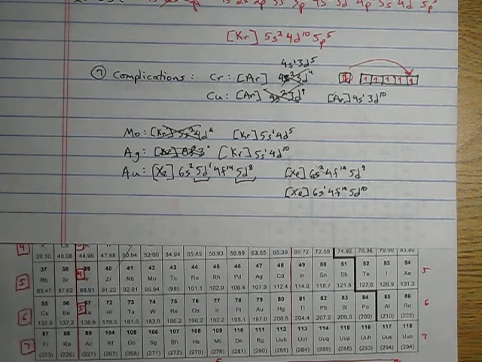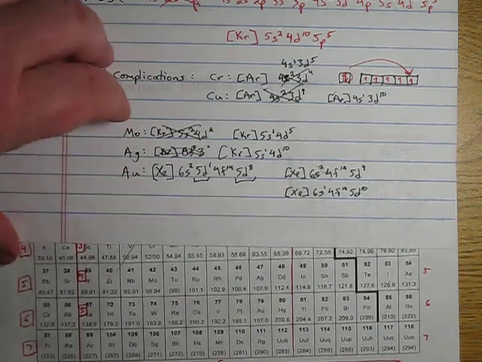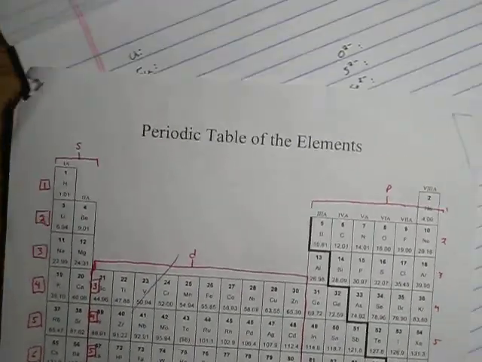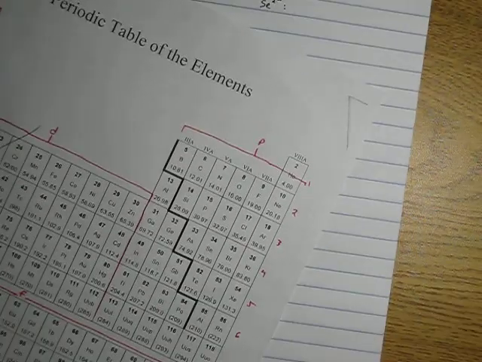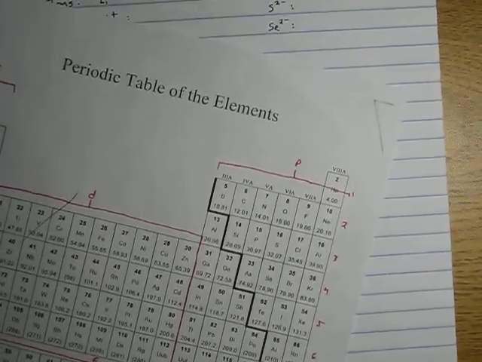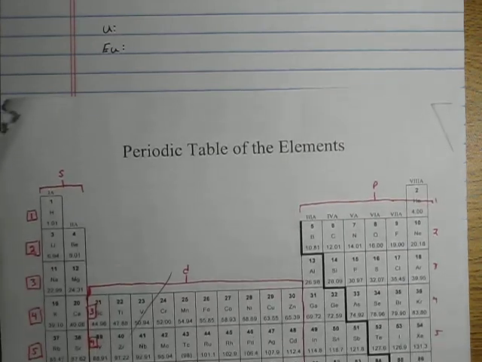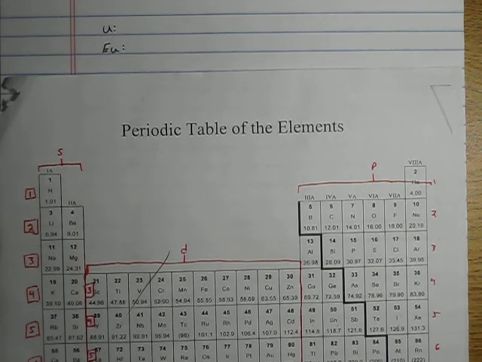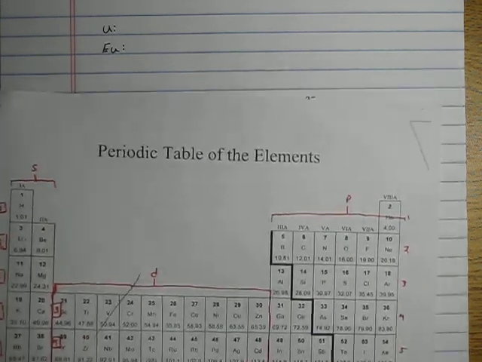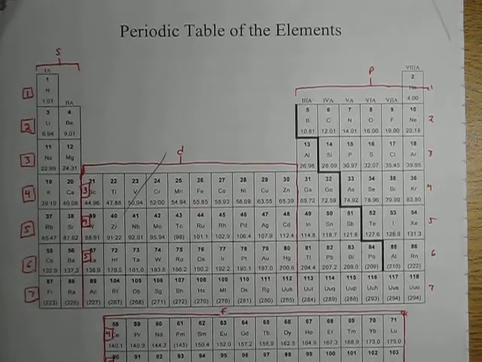Whew. All right, let's look at some more stuff here. Well, let's just go crazy, shall we? What's the electron configuration for uranium? Yeah, let's use the noble gas core shortcut. Ooh, uranium. Where's uranium? It's way down here.